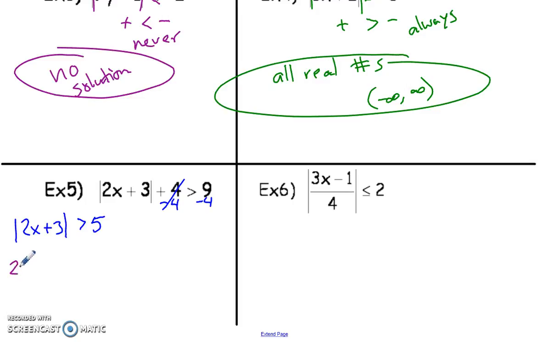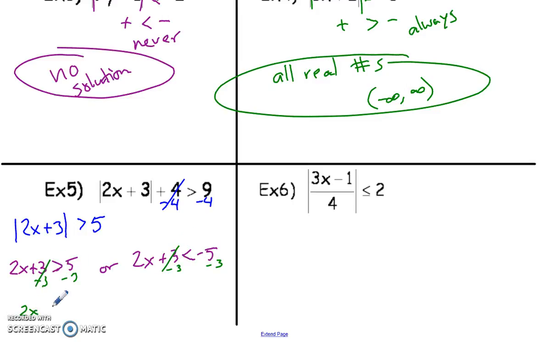So those are when 2x plus 3, when that value is a number greater than 5 on the positive side. Or on my negative side, when 2x plus 3 is less than negative 5. Those distances from 0 are going to be 5 and more away from 0. Okay. And then just like before, we solve each of those inequalities.